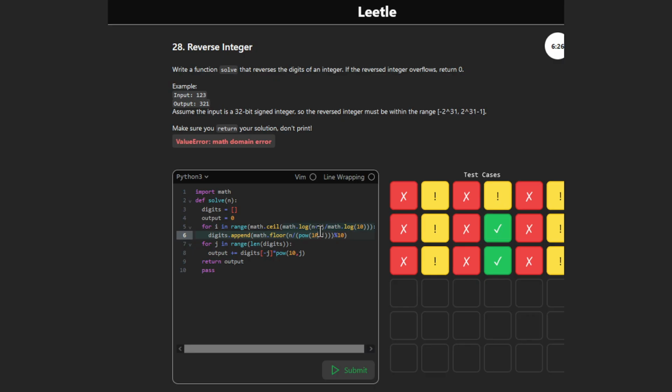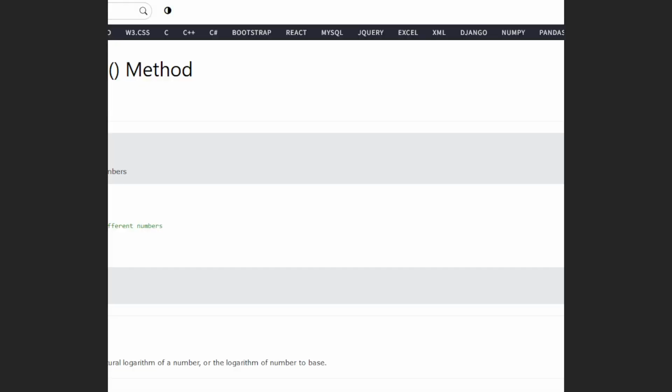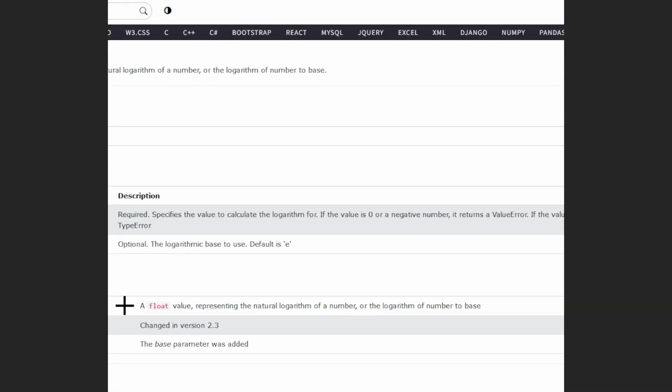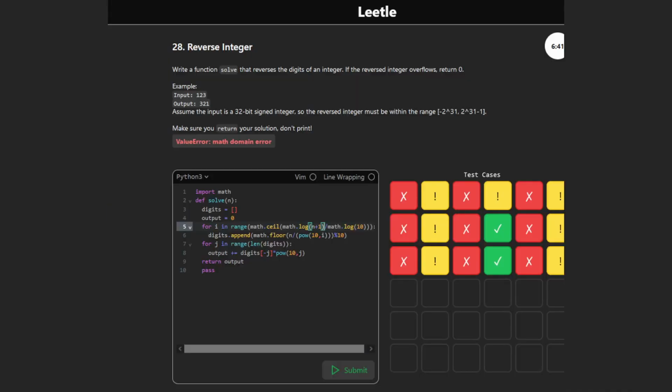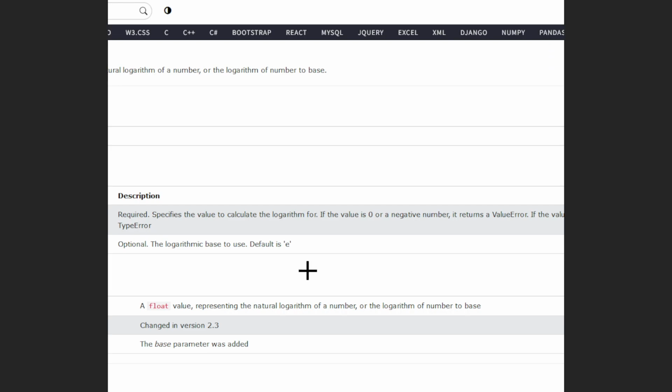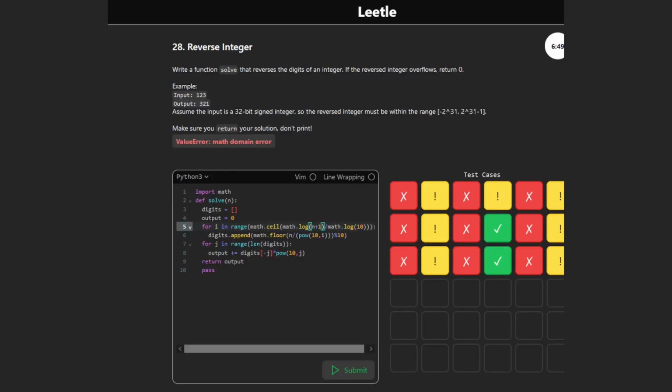Is it just integer overflowing here? Does math.log have an upper bound? Value error, math domain error. That's what I'm doing wrong.